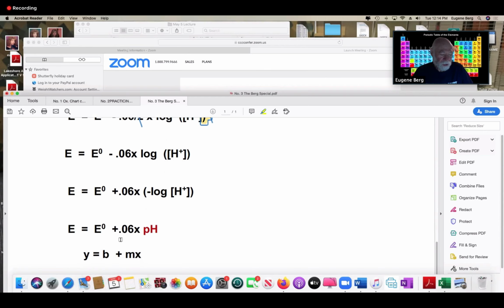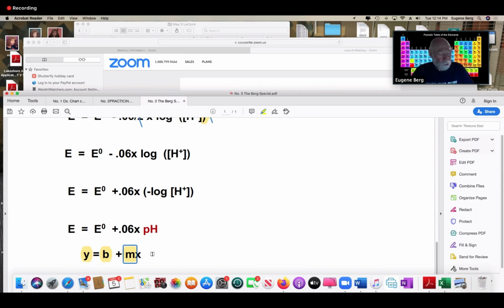Now, I want you to take a good hard look at this equation because it satisfies the equation of a line. So the voltage of the cell would be a variable. That's like Y. The standard voltage will be a constant. That will be like the Y0. The slope will be the constant 0.06, and the X will be the pH. Now, the first person to discover this was a Caltech chemist by the name of Beckmann.